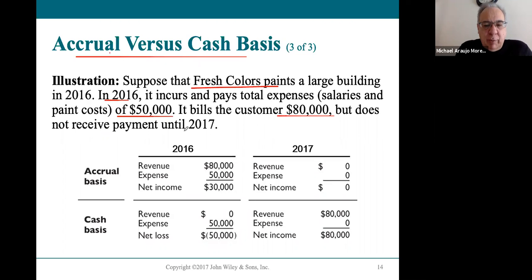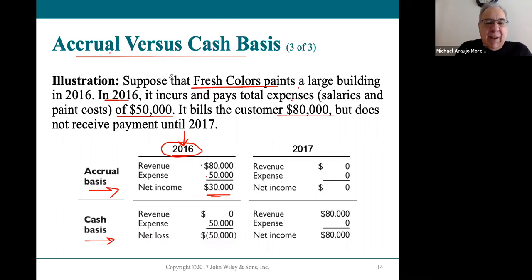Under the accrual method, everything happened in 2016 because the building was painted, and so we had to incur expenses to paint that building. So we earned the revenue in 2016 and we incurred expenses in 2016, and thus we had a profit of $30,000.